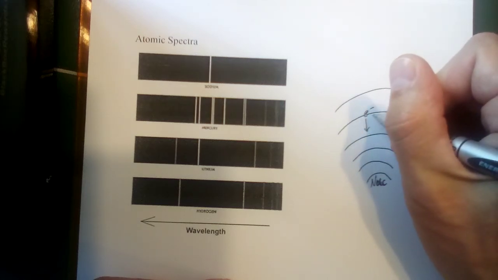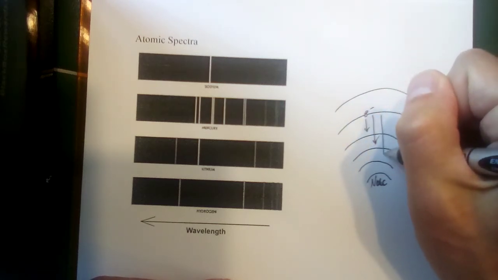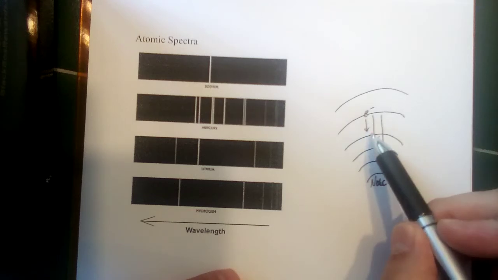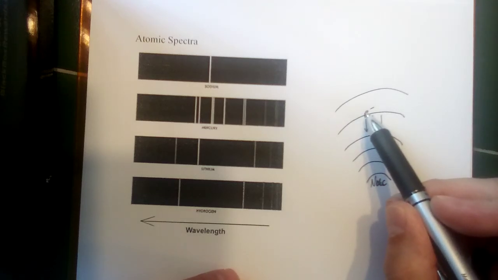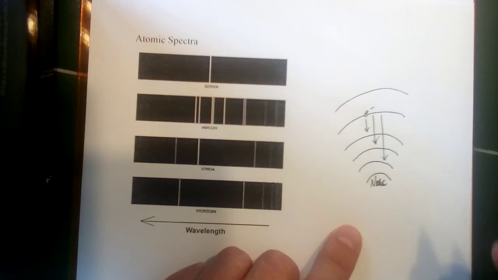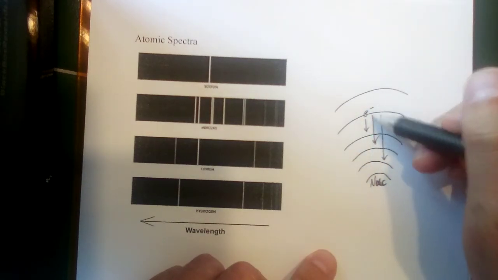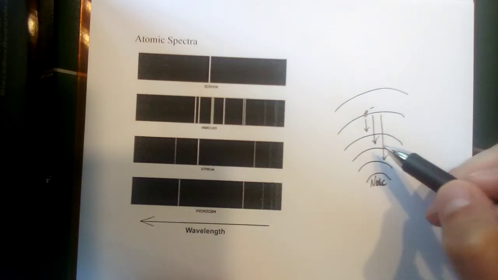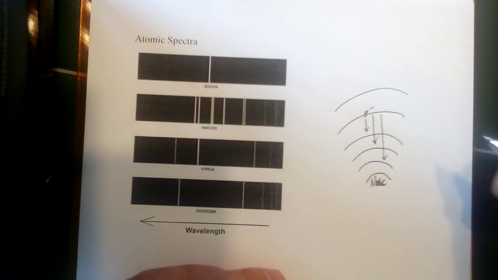It could fall back to these different energy levels that are closer to that positive charge of the nucleus. There's an energy difference between the electron being here, far away from the nucleus, being closer to the nucleus, even closer to the nucleus. So each of these changes in energy as the electron falls back down energy levels corresponds to a type of light.